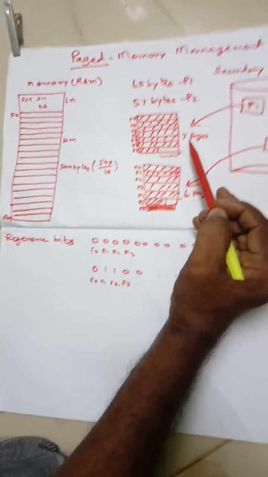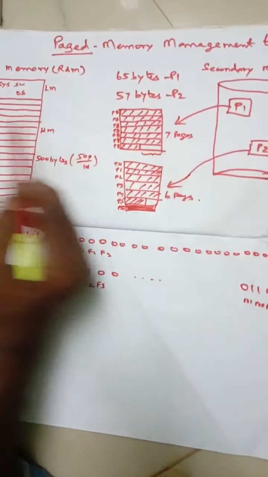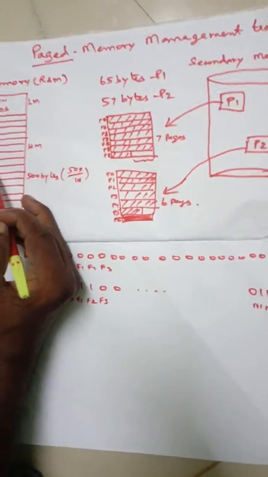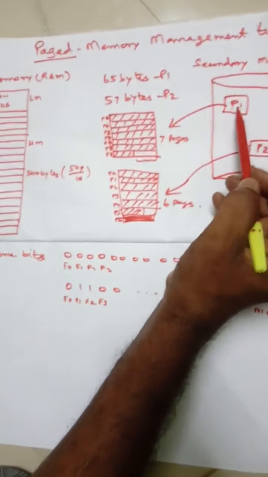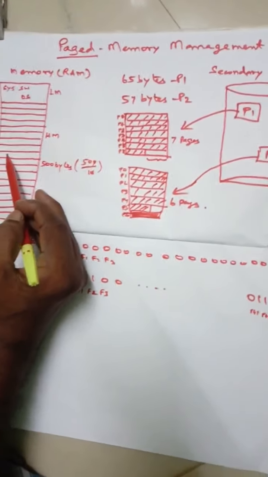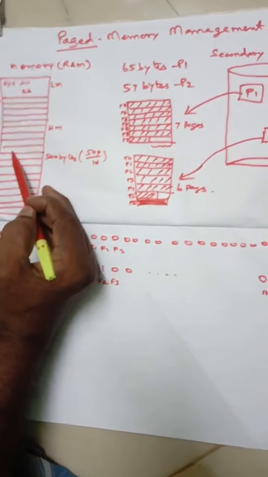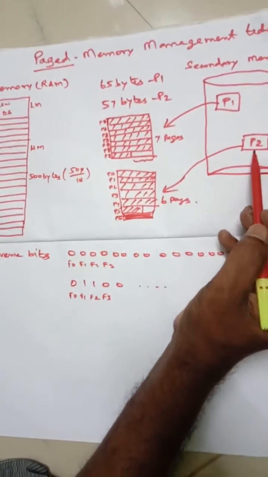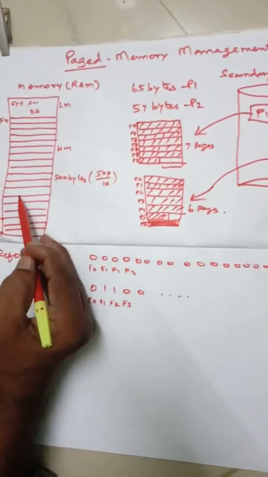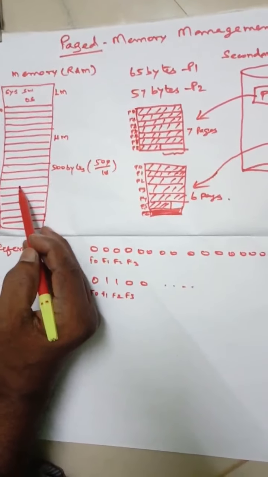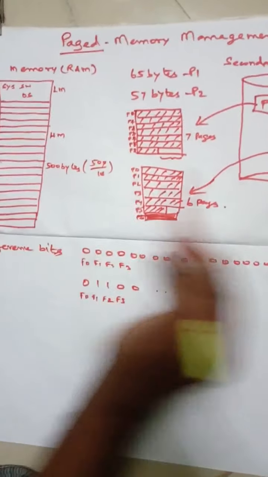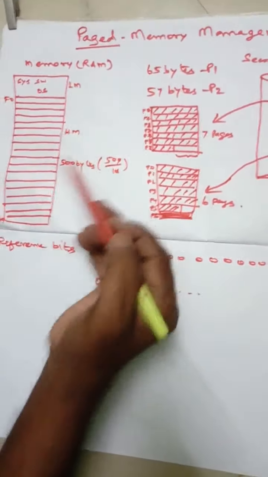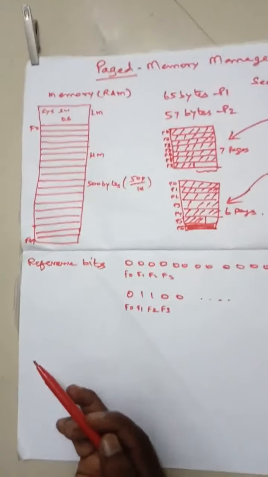So 7 frames must be allocated and all 7 pages of P1 must be available in random access memory. Then only P1 can be executed. Likewise, for P2, 6 pages must be allocated, and the P2 must be available in those 6 pages. Then P2 program can be executed.